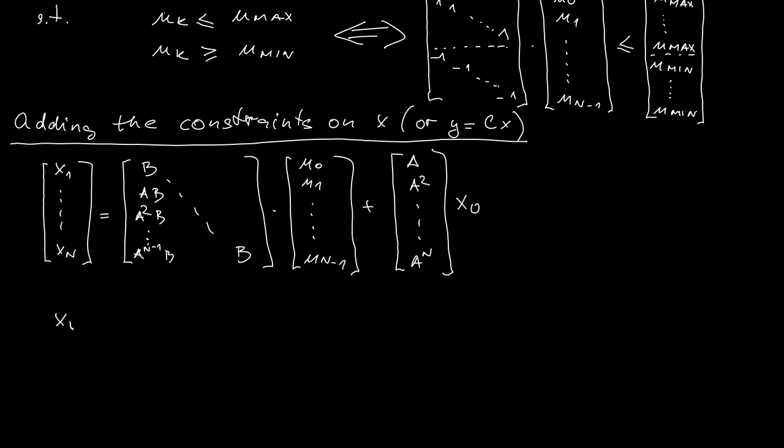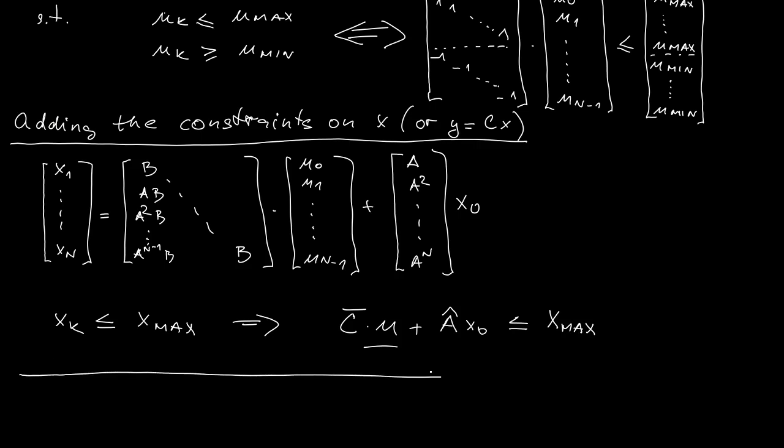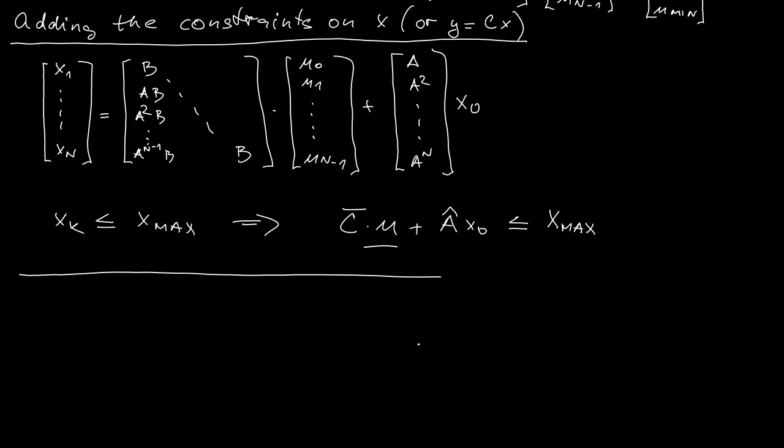So with this, the requirement that, for instance, x should be upper bounded by x max could again be rewritten in the format of these long vectors like this, where x max will again be a long vector. Well, you may perhaps add a few more embellishments here, but I will stop here.